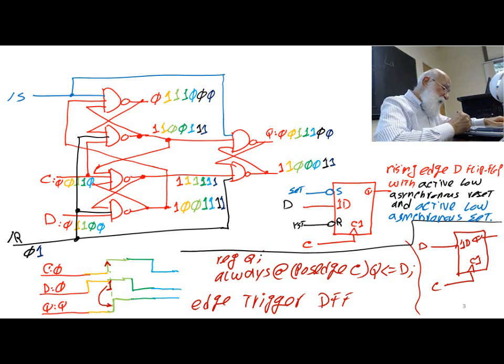Now let's go back and write the very long description of it. Okay, again my Q has to be reg, whether it's an output or not. If it is an output, you just say output reg Q, and then you say always.